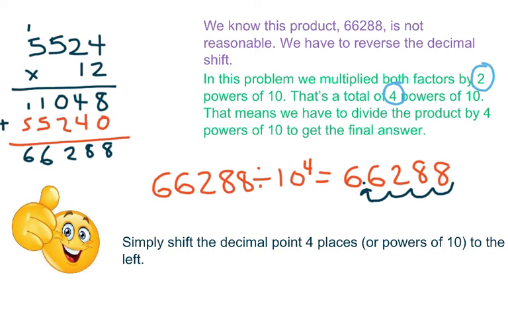So if we divide 6,288 by 10 to the power of 4, that just means our decimal point will shift 4 places to the left, 1, 2, 3, 4, to give us our final answer. Again, simply shift the decimal point 4 places, or 4 powers of 10, to the left.